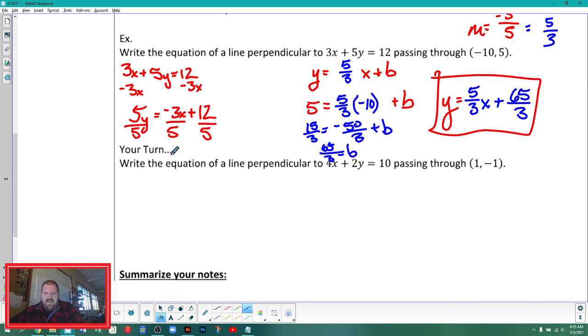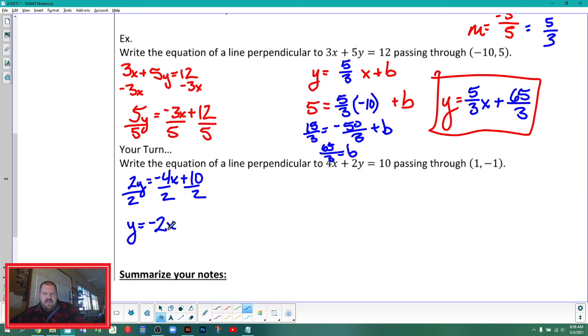Equation of a line perpendicular to 4x plus 2y. So we'll go ahead and subtract 4x. We get 2y equals negative 4x plus 10. And then we can divide by 2. And I get negative 4 over 2, which is negative 2.